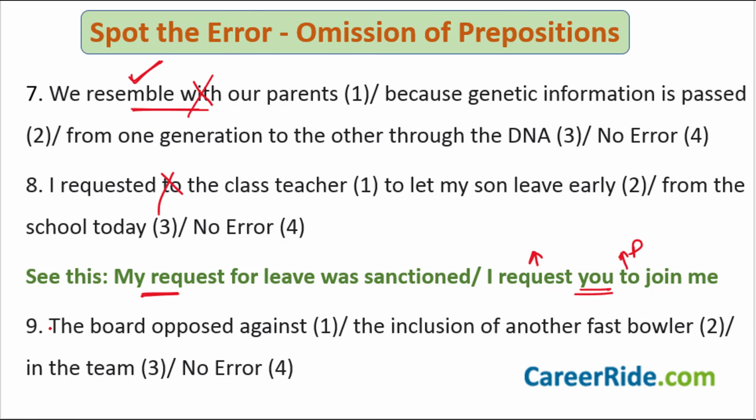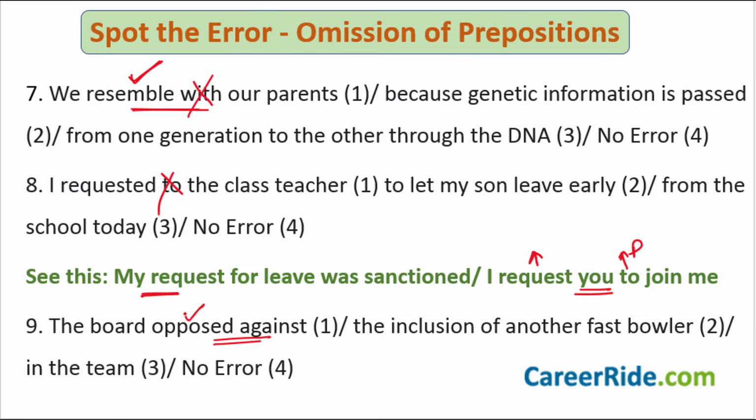Sentence number 9, the board opposed against the inclusion of another fast bowler in the team. What's the error here? Can you find it out for yourself? Read the sentence again. The board opposed against the inclusion of another fast bowler in the team. So you see the first part of the sentence here. The board opposed against.